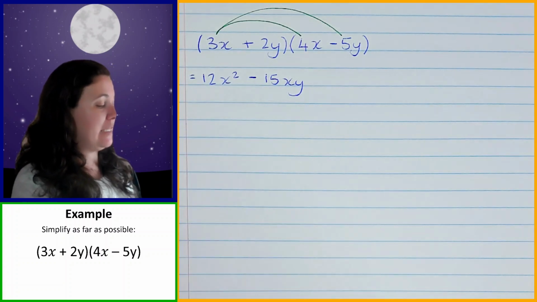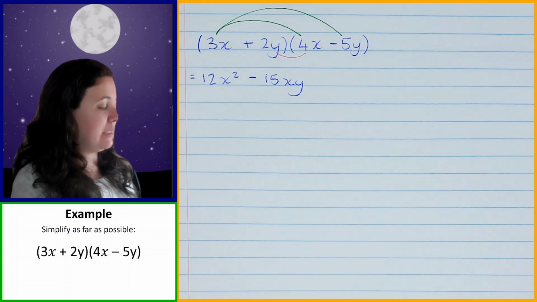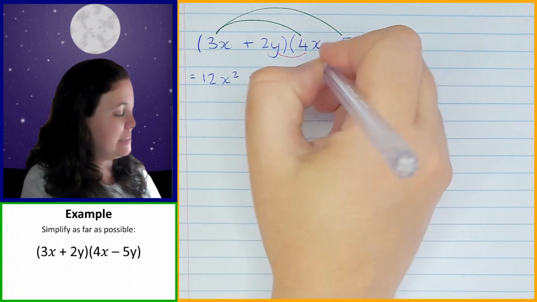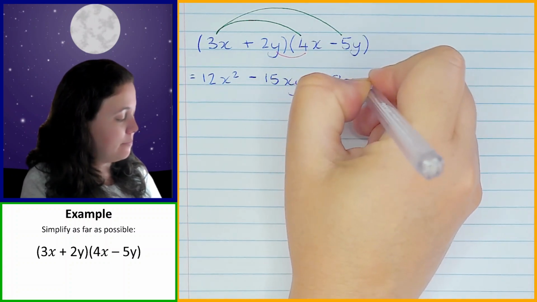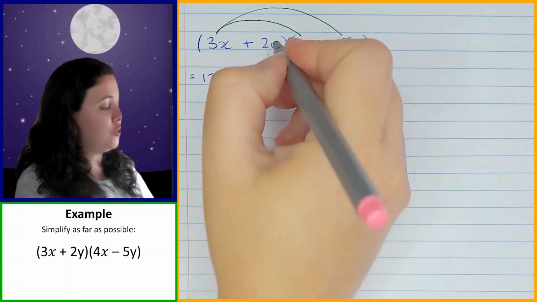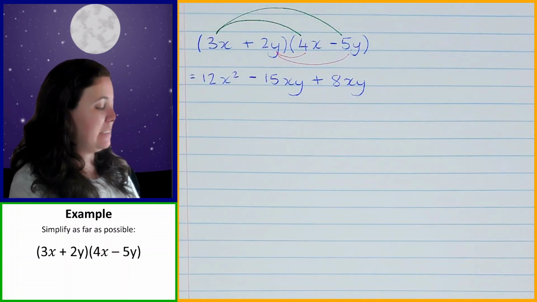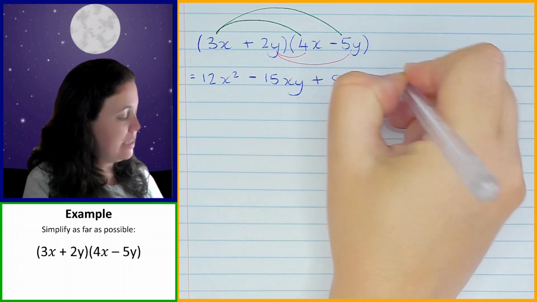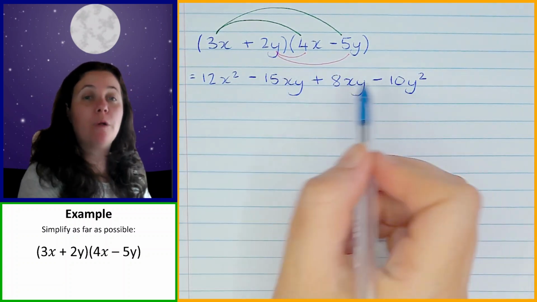I'm going to multiply it by the 4x, and that gives me 2y times 4x is positive 8xy. And then I'm going to multiply the 2y by the negative 5y, and that gives me negative 10y squared. So that's what we get when we do the multiplication.